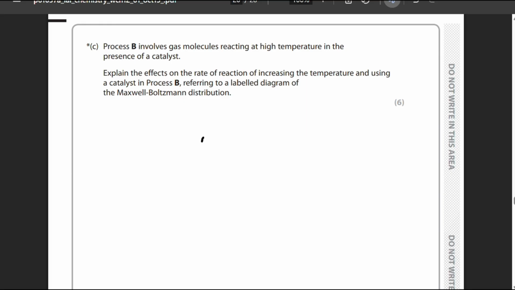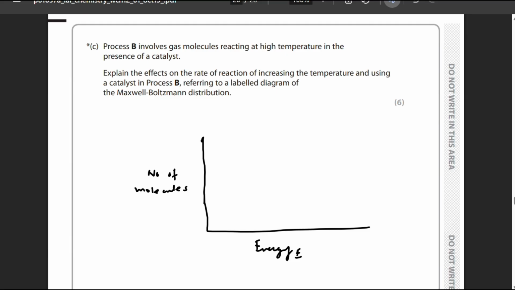So first you need to draw the labelled diagram and draw the axes. On the x-axis energy, on the y-axis number of molecules with given energy.